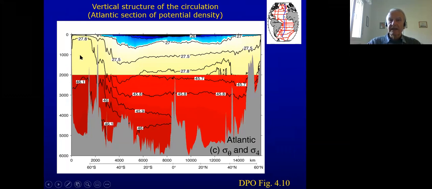So what that means is that higher density means the sea level is lower. The higher the density, the lower the sea level. So the sea level will be this way, okay? And the density is higher here than there.